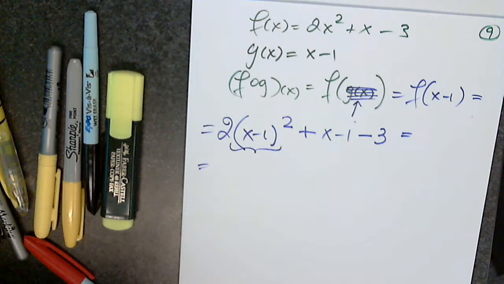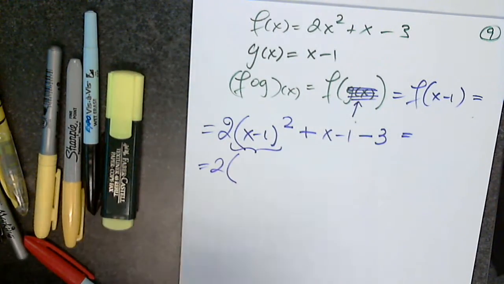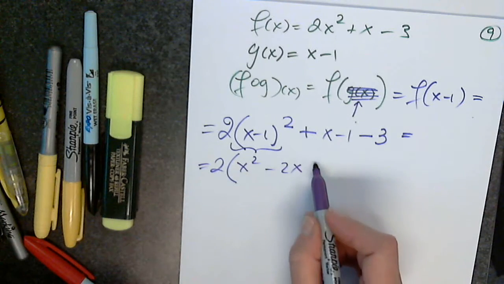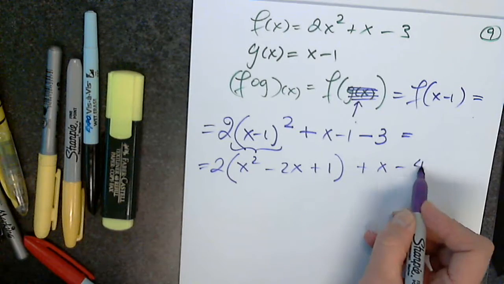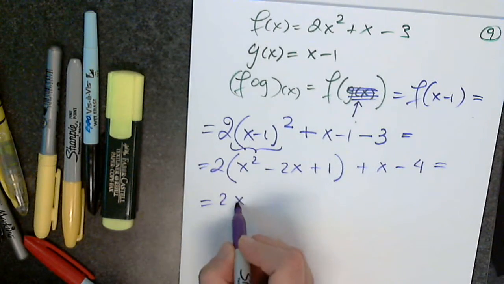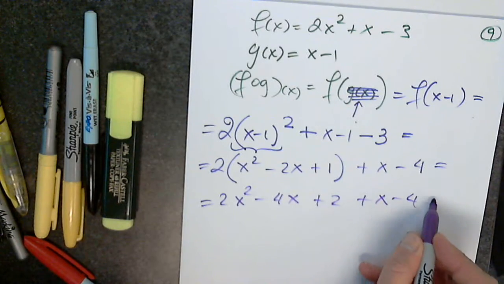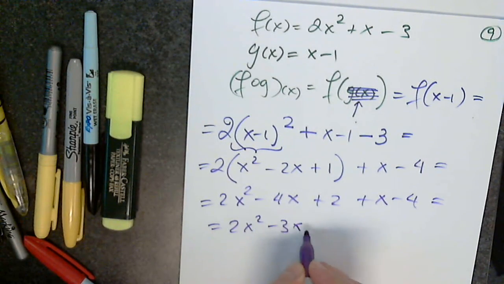We will have 3. Very good. So it's x squared minus 2x plus 1. Good. Plus x minus 4. I distribute: 2x squared minus 4x plus 2 plus x minus 4. I combine like terms: 2x squared minus 3x minus 2.